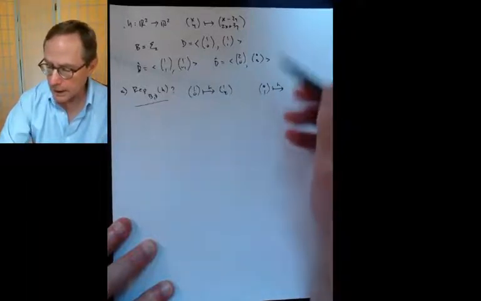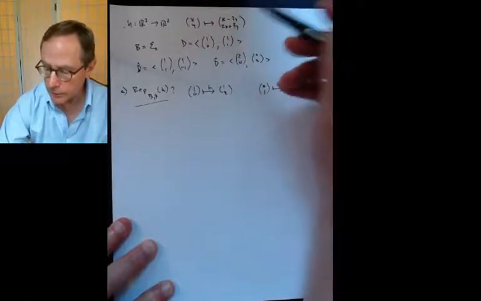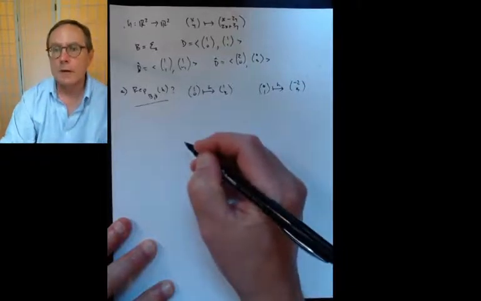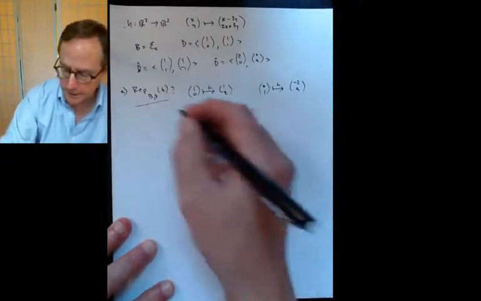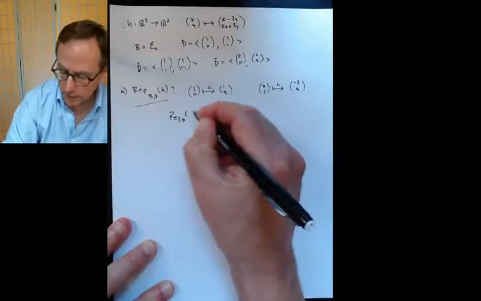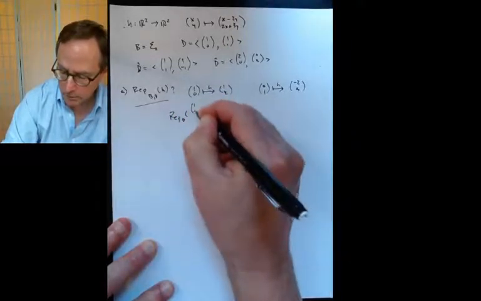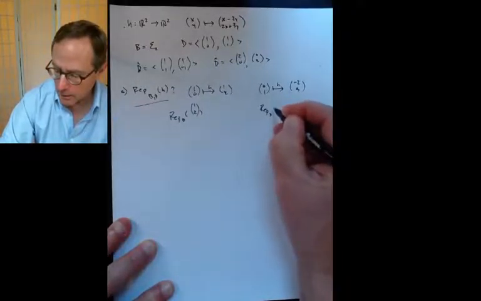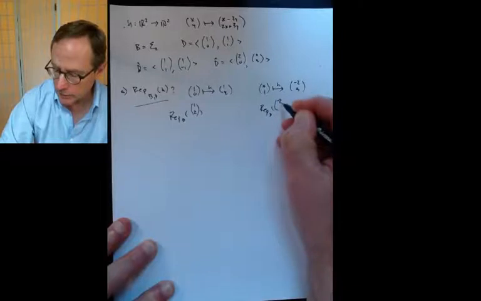And if you apply h to (0, 1), you get (minus 2, 3). Then I have to represent those with respect to D. So the representation with respect to D of (1, 2), and the representation with respect to D of (minus 2, 3).